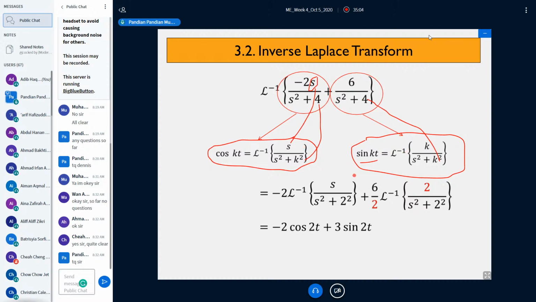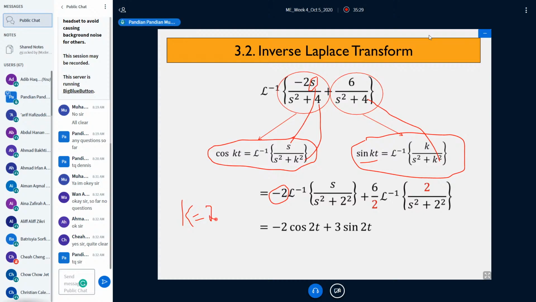But we have to do modification. How to do modification? This minus 2 you have to put outside. It's very important, because there is no minus 2 in the formula. Minus 2 outside, inverse Laplace of s over s squared plus 2 squared.